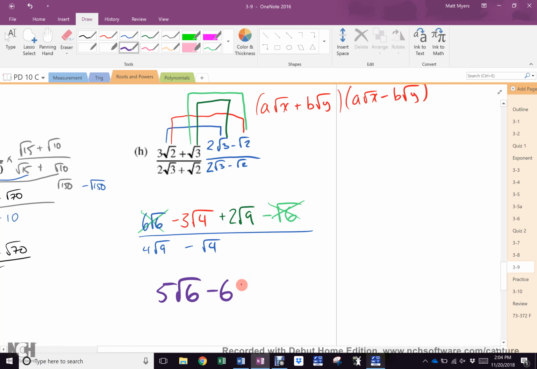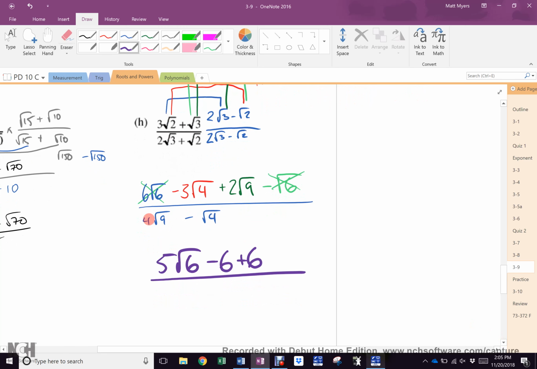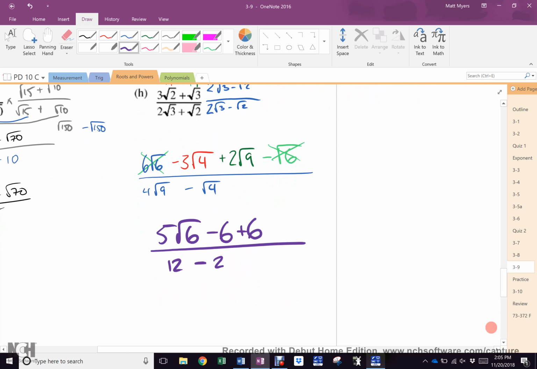Positive or negative? Over. Does that simplify? To what? 12 minus 2. Any more simplifying here? 5 root 6. What's negative 6 plus 6? Gone. What's 12 minus 2? 10. Preston! Yeah! Root 6 over 2.